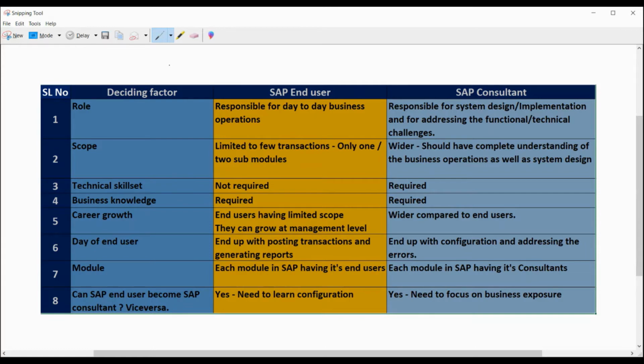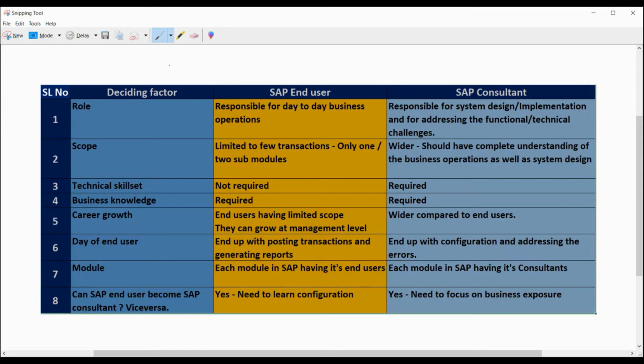Technical skill set: for an SAP end user, it is not required, as if he has any error or some challenges, he can take help from the SAP consultant or colleagues. For an SAP consultant, a technical skill set is also required.